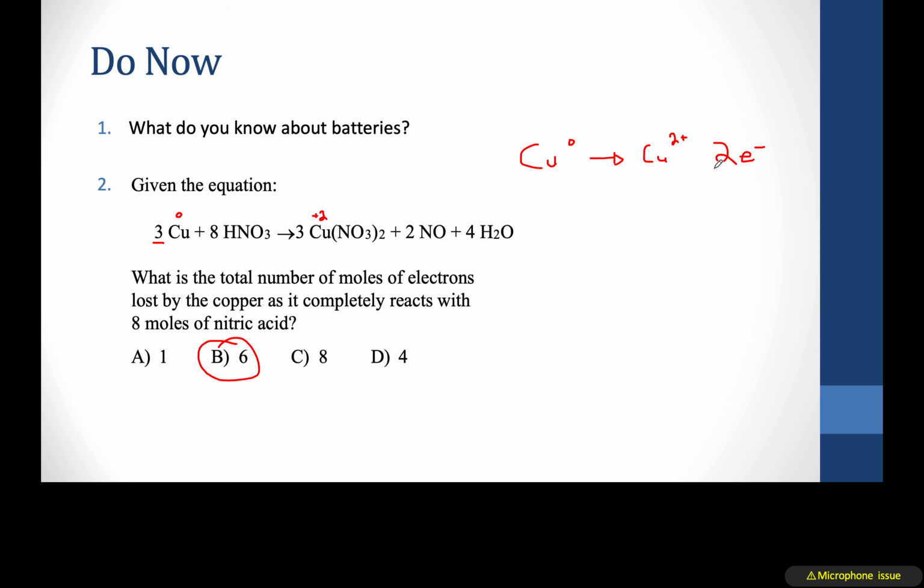And remember, these coefficients: 1 mole of copper loses 2 moles of electrons. So 3 moles of copper would lose 6 moles of electrons, which is why the answer is 6. So this one probably is a little tricky. This is definitely the most difficult task in this unit. So I would probably focus on this for review when I put out the assessment coming up on Tuesday.